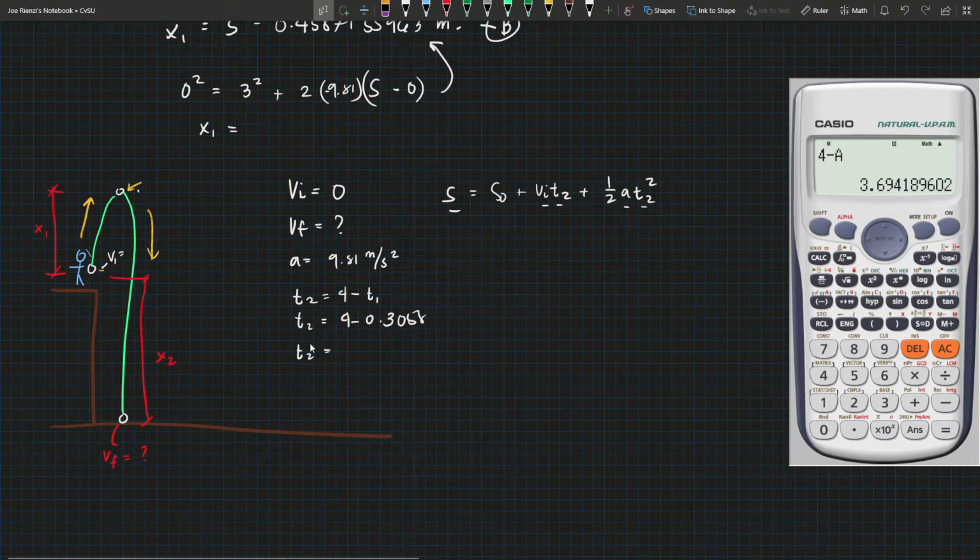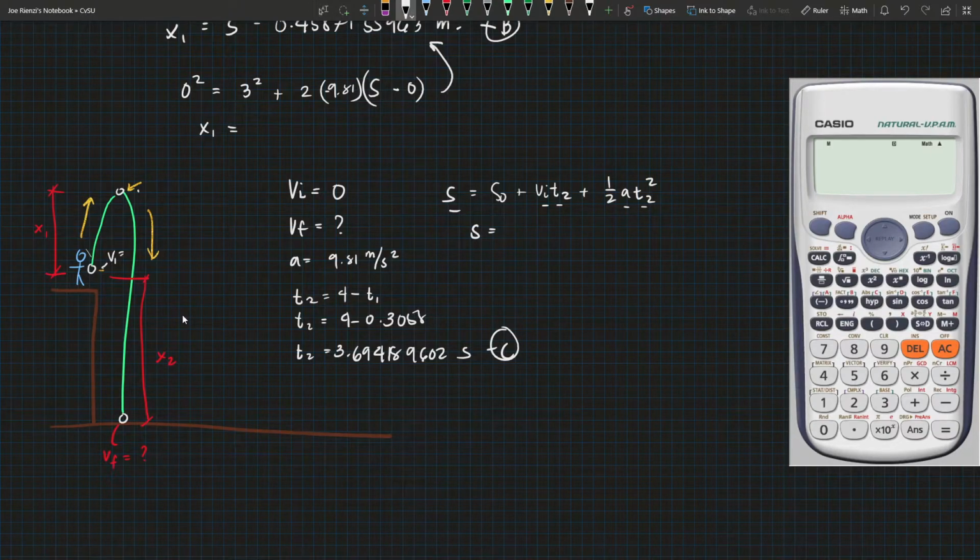So, 3.6941896 02 seconds. So, para safe lang din, ini-store ko siya, in this case, sa C. Yun. So, pwede natin substitute lahat ng unknowns dito. S, yung hinahanap natin, or the distance from this point hanggang this point. S naught is, in-assume natin 0, plus initial velocity, 0.